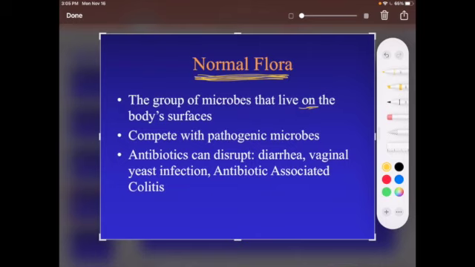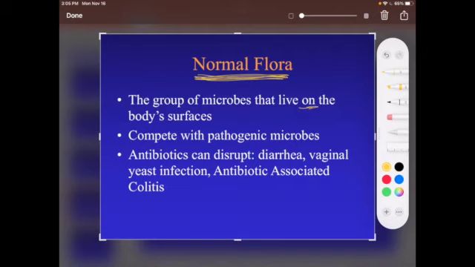And I'm not just talking your lower GI tract. Okay, you know that your skin is just loaded with bacteria and some fungi as well, yeast and fungi. It's their home. They belong there. You don't want to get rid of them because they do a really good job of scaring away pathogens.